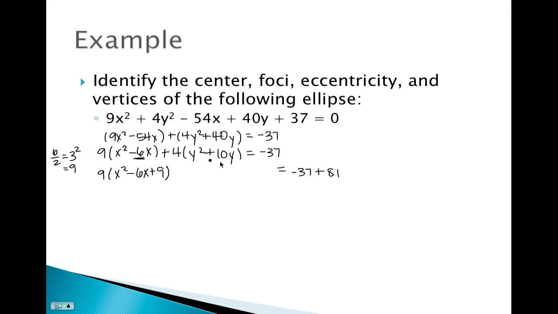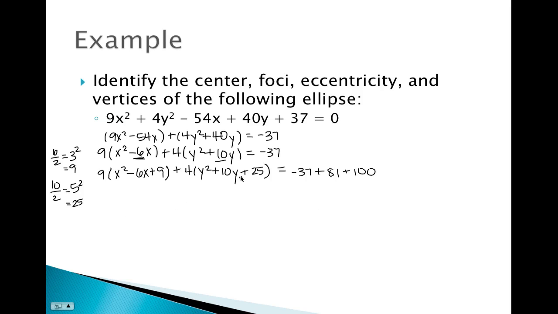That counterbalances this 81 that we are effectively adding over here. Now we're going to do the same thing with our y term. So we have plus 4 times y squared plus 10y, and then we take this term right here and divide it in half. So we have 10 divided by 2, which is 5, square that, that gives us 25. So we have plus 25, but again, we need to account for this that's being added, and it's really 25 times 4, so that's 100, and we're going to add 100 over to this side.